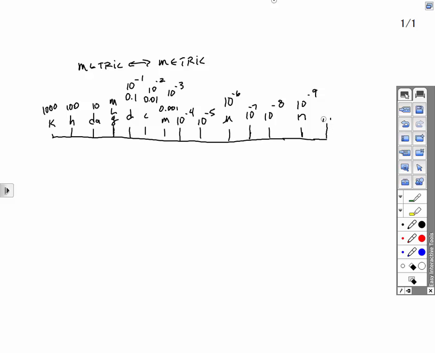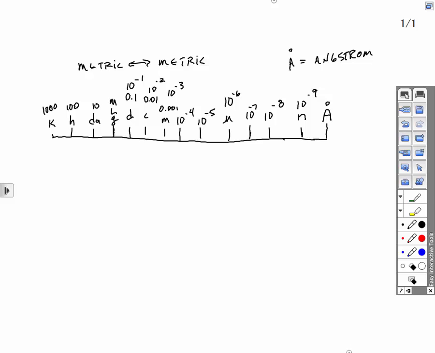Okay, so now at the 10 to the minus 10 spot, I'm going to put an A, and I'm going to put a little degree on top of that. What that stands for, the A with the degree, this is not a unit. This is actually a prefix. It's actually a unit. That is not a prefix. It is a unit. That stands for angstrom, A-N-G-S-T-R-O-M, angstrom. That's kind of like meter, liter, gram.